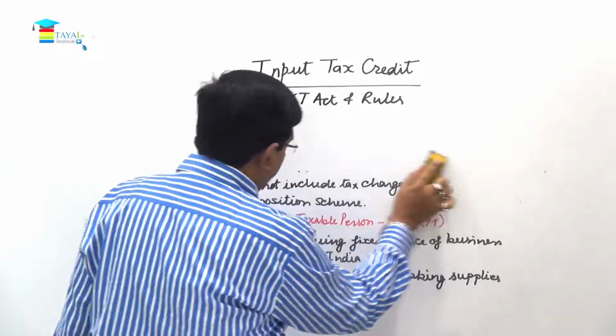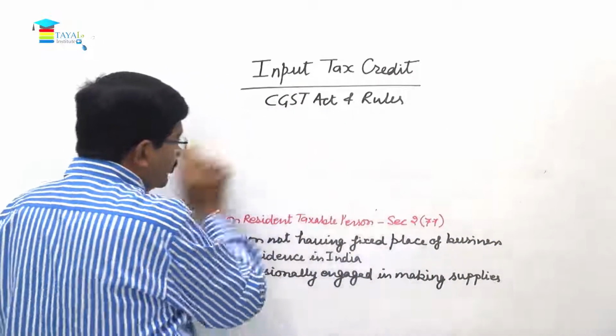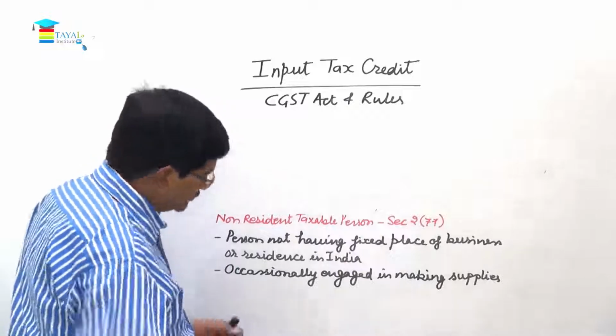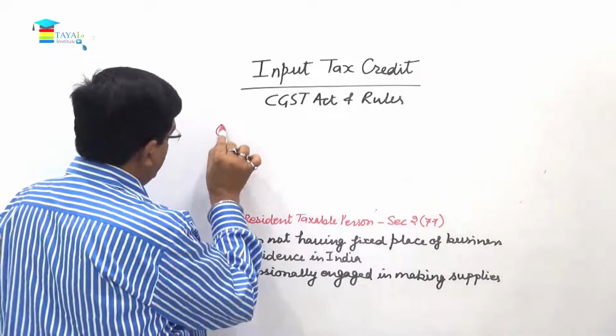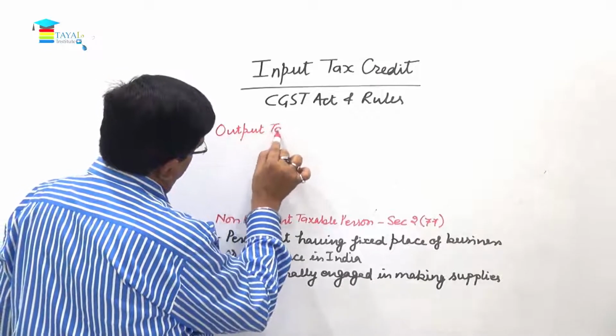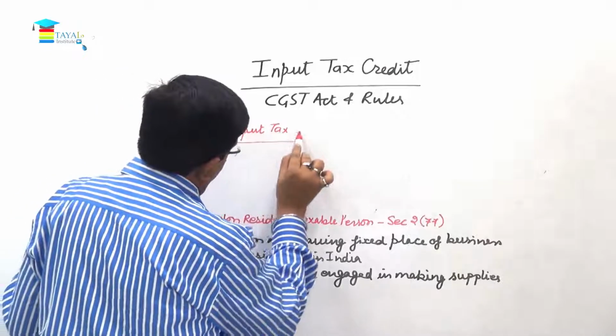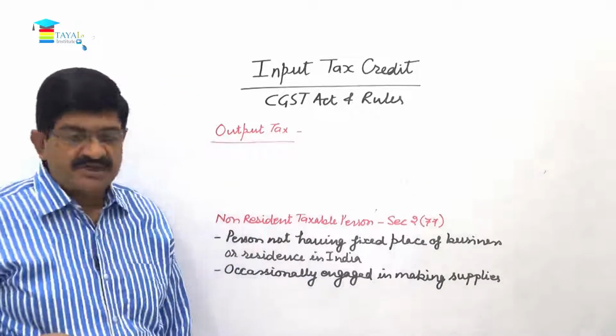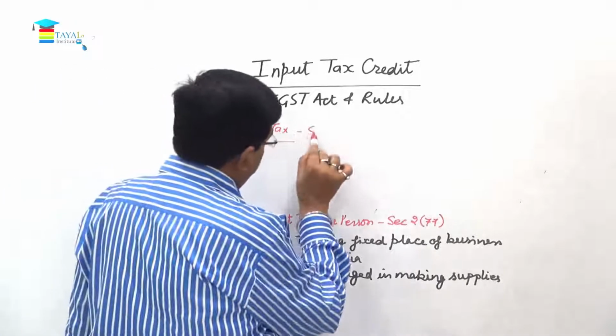So like we have input tax, now we have output tax. This is section 2 subsection 82.